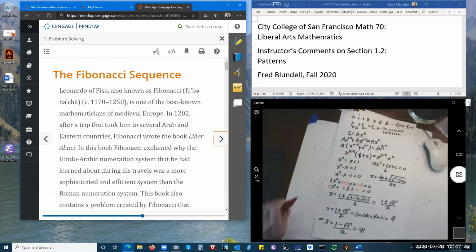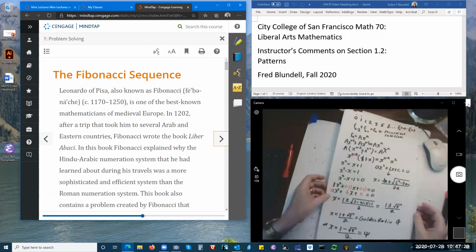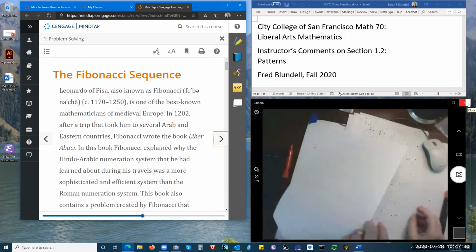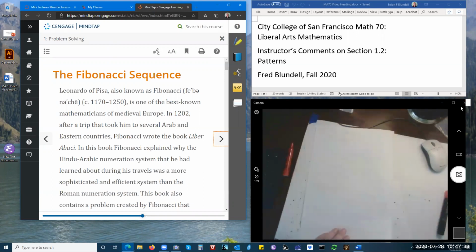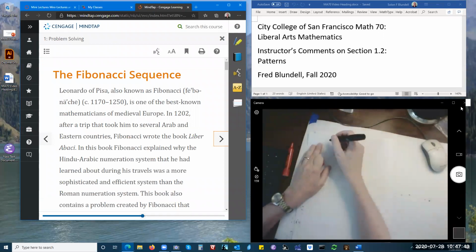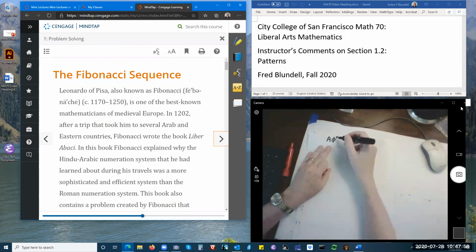Now, so how do I make my sequence? See, if I make the sequence of those numbers with different n's, that would satisfy the recurrence relation, regardless what a might be.